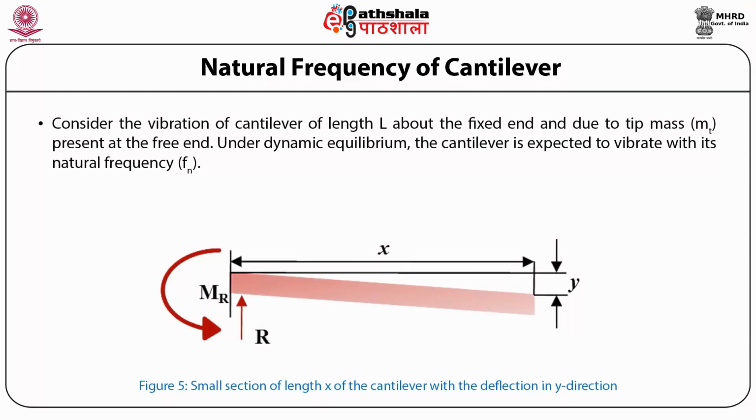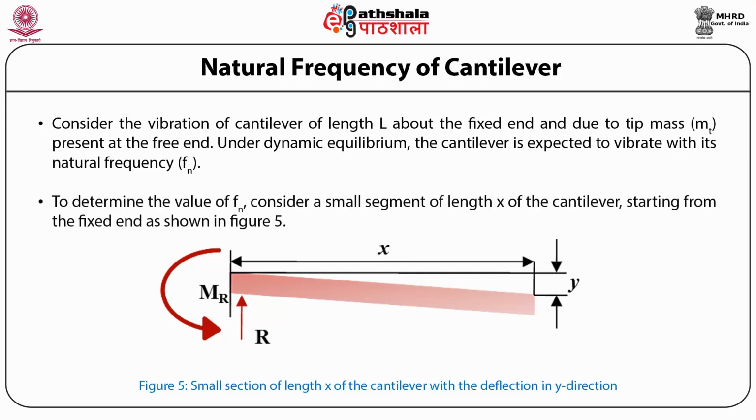Now consider the vibration of a cantilever of length L about the fixed end, due to the tip mass mt present at the free end. Under dynamic equilibrium, the cantilever is expected to vibrate with its natural frequency, that is Fn.